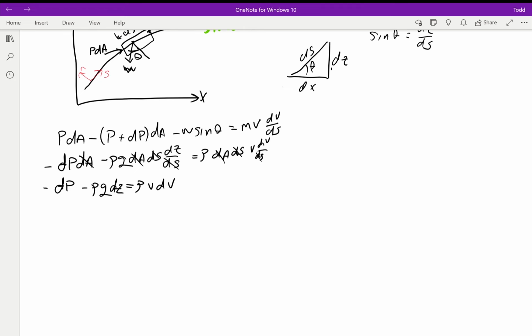Take the integrals over the given interval from 1 to 2, so that's 2 minus 1, or 1 minus 2. Then we have P2 minus P1, Z2 minus Z1, and density times velocity V1 minus V2.